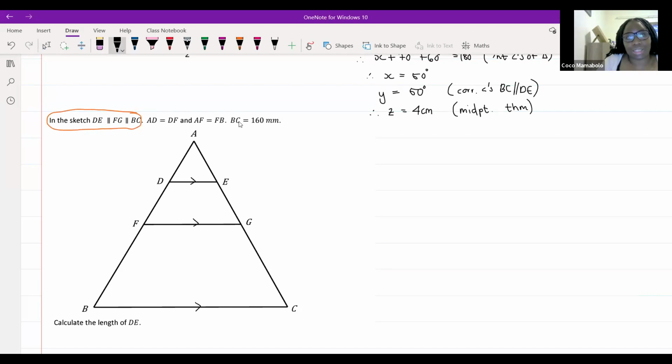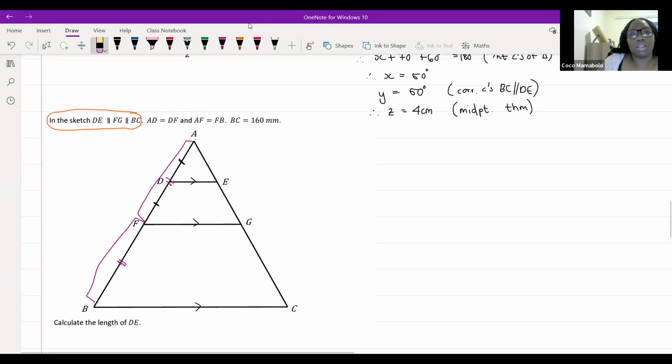And then they say to us that AD is equal to DF. So that is equal to that. And AF, that whole part, AF is equal to FB. So those two are equal to each other.